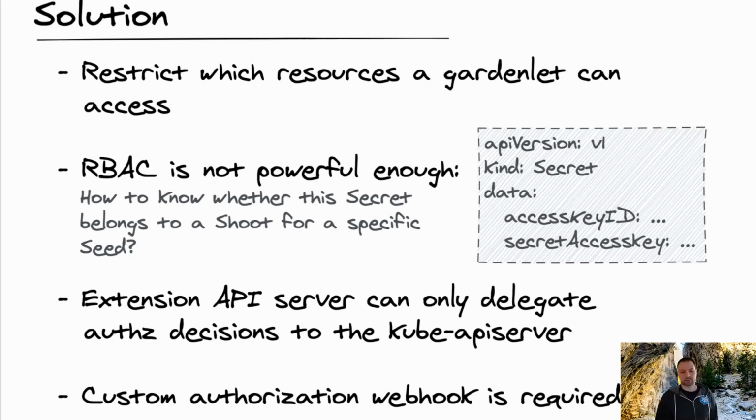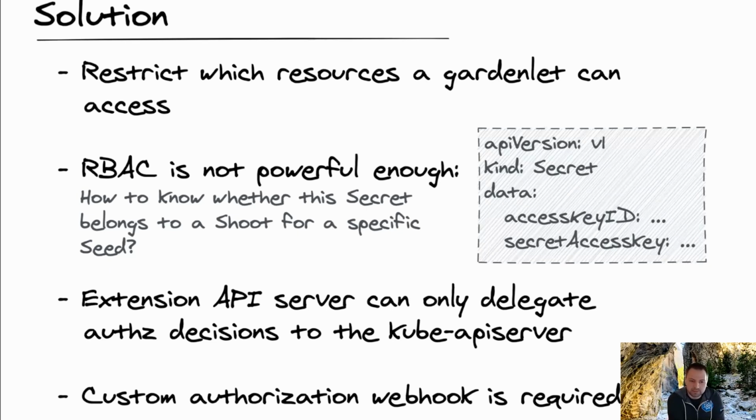Next step would be to think about implementing some custom logic in our Gardener API server, because this actually is a dedicated component where we can run more or less our own custom code. However, for the authorization, the concept does not really allow us to implement what we need here.